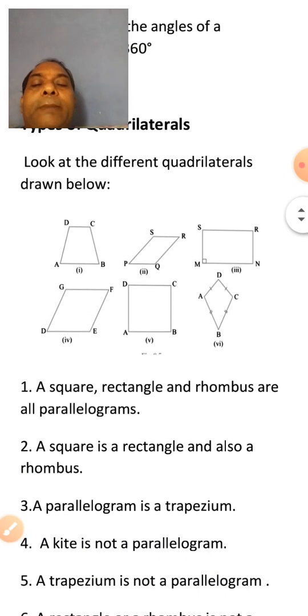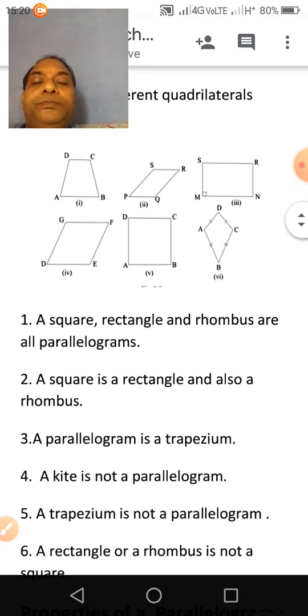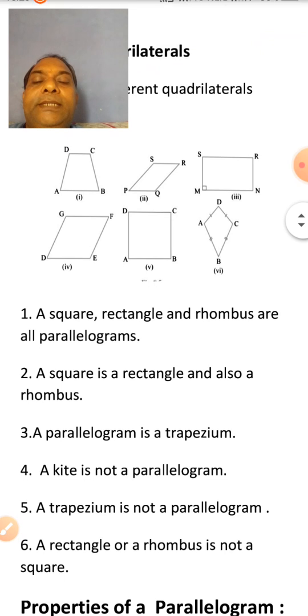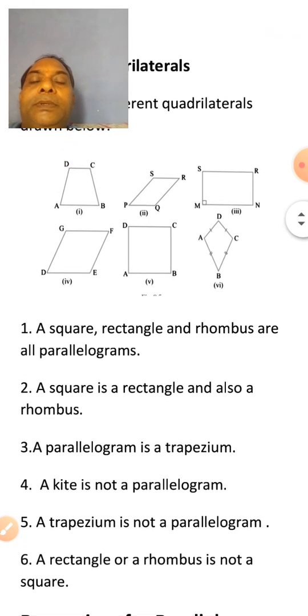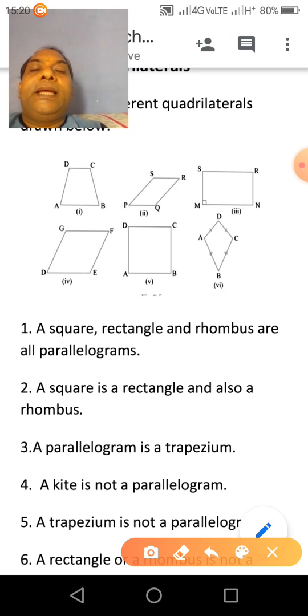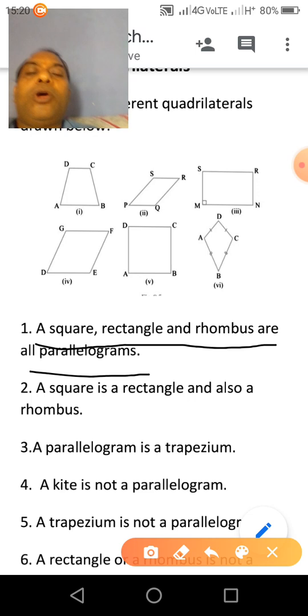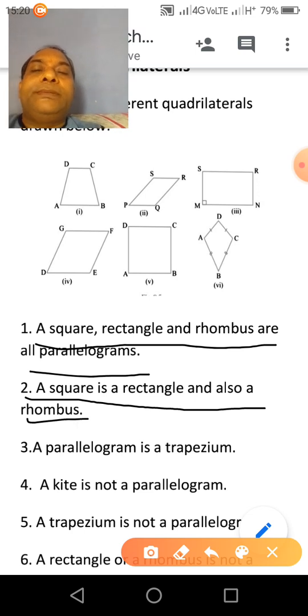Now, you have to remember these points. First point is a square, a rectangle and rhombus are all parallelograms. Clear? Second point, a square is a rectangle and also a rhombus.